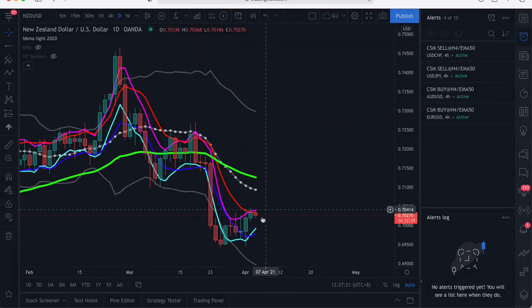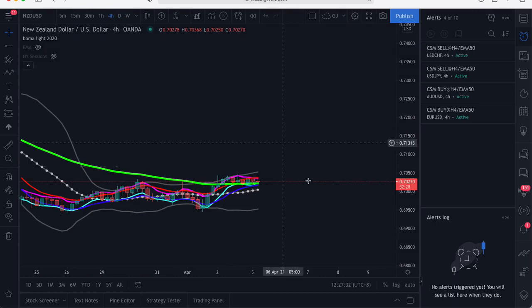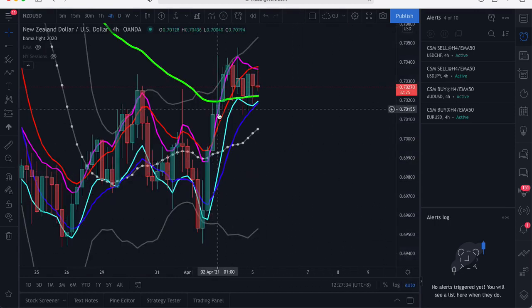On daily time frame, we can see it forms an extreme buy. And on H4, it has formed a CSAK buy followed by CSM buy. It's a very good setup, and now it's currently a re-entry buy.